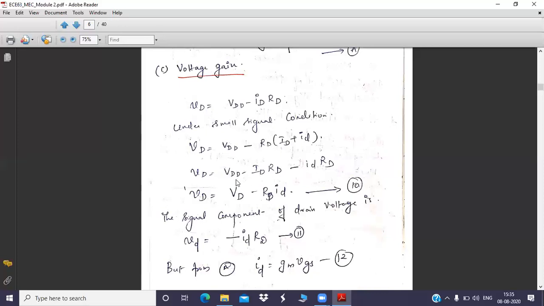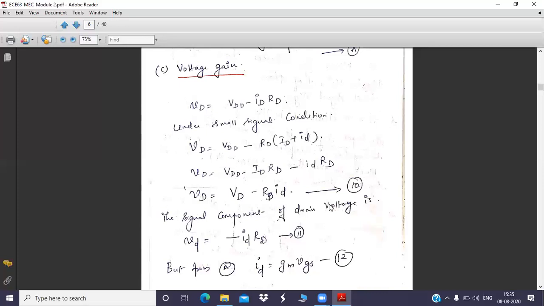From this, what I did is VD equal to VDD minus ID RD. This also I have taken as 0. This is also pure DC. Understood? VDD is pure DC, that is 0. And this I have replaced with VD.